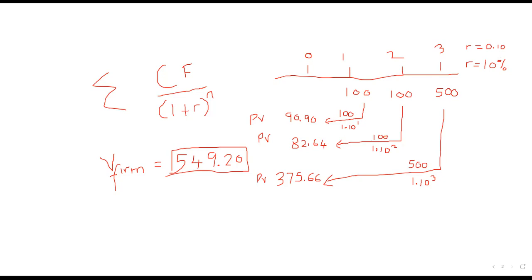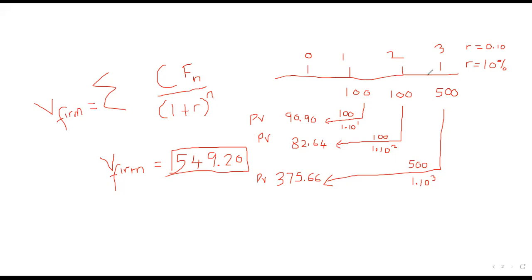Could you just go over the terms in the formula again? Is that the total of CF over 1 plus R to the power N? The value of the firm is simply the summation of the cash flows of each of these years divided by 1 plus the appropriate discount rate to the power N. N is the number of years or the time.